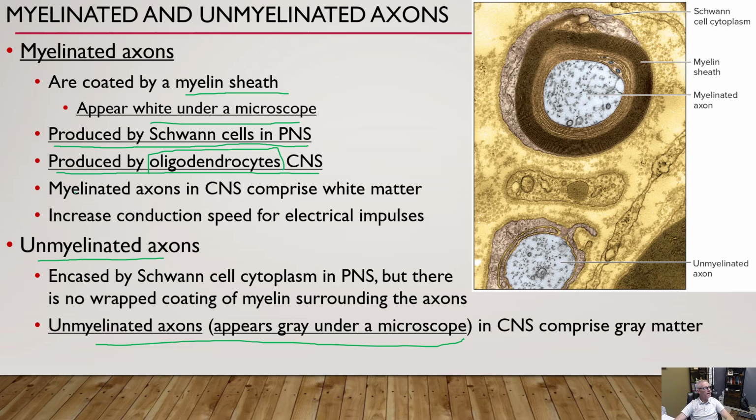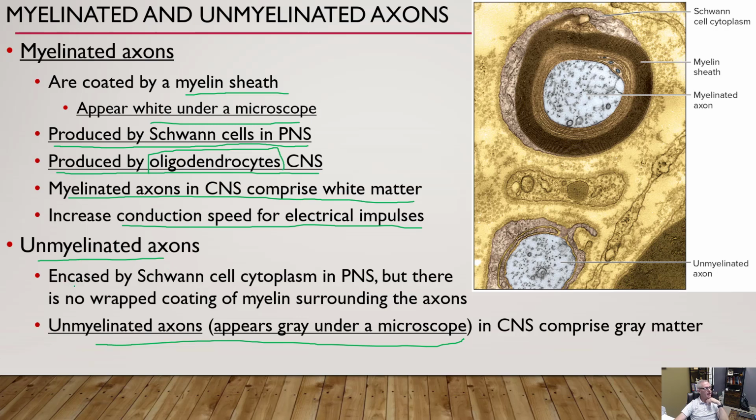All right, so myelinated axons in the central nervous system, white matter versus gray matter. And the importance of myelination, I mentioned earlier, is for conduction speed for electrical impulses. And I'll show you a picture of that here in a few slides.